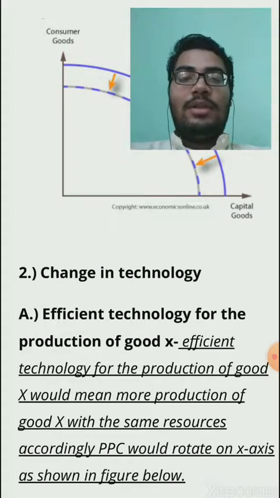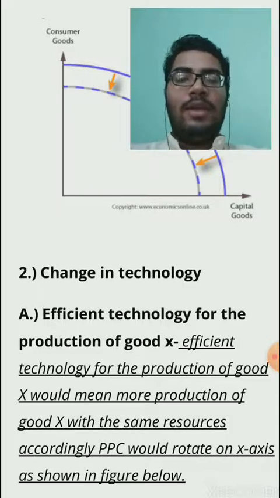Now we have seen what will be the changes and what will be the implications when resources are increased in an economy, and if resources are decreased in an economy. Both the cases we have studied, and the production possibilities of an economy will increase or decrease as per the situation prevailing in the economy.